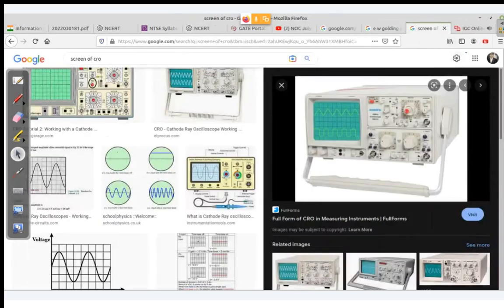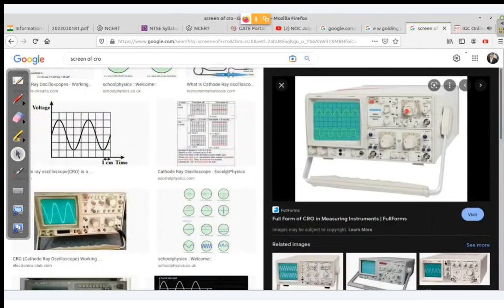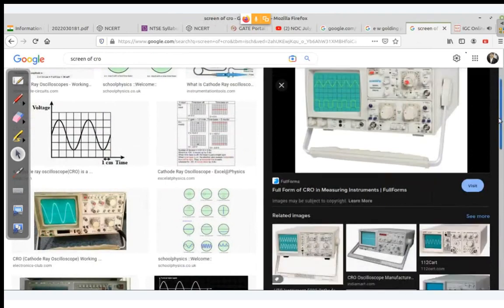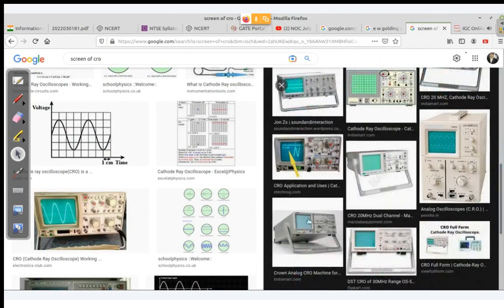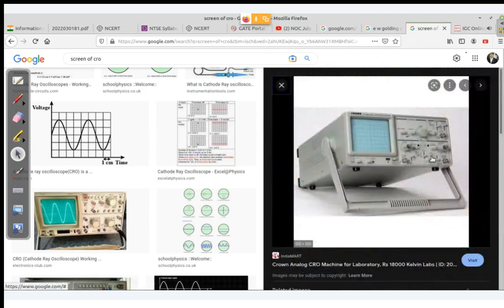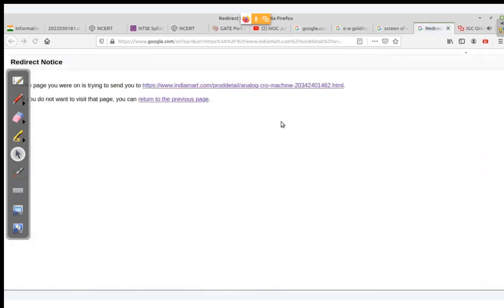Where is this image? I don't know what is happening. So it's okay. In your question, there are these things given, positive slope and negative slope. I'm unable to see this.